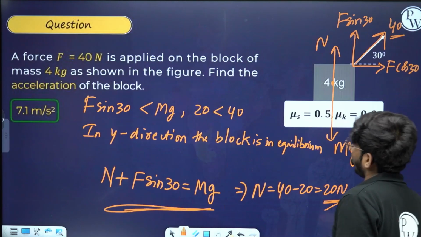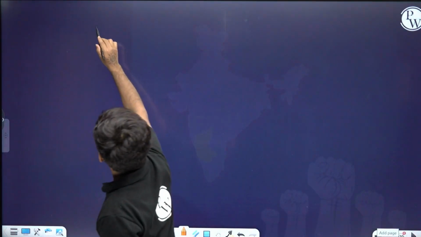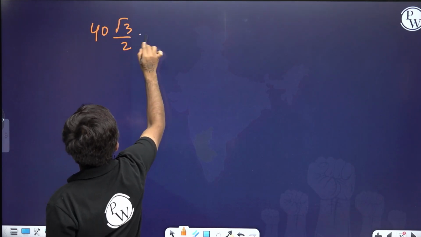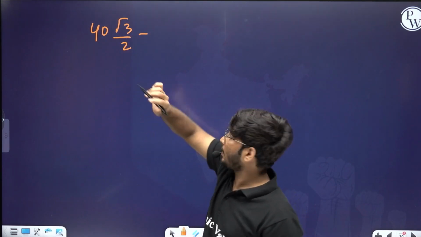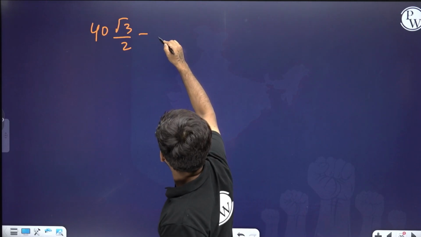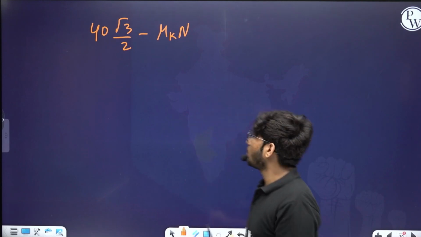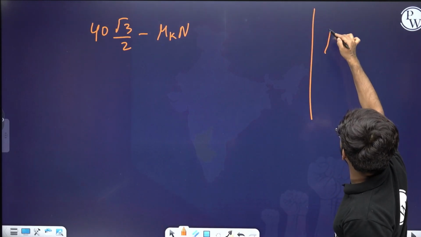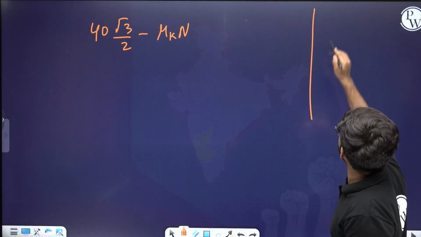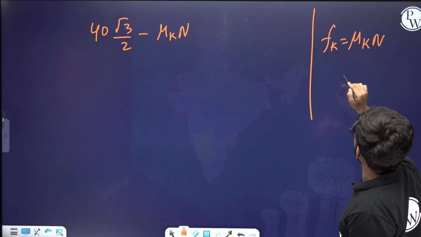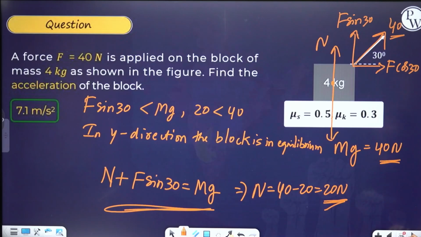So F cos theta is 40 root 3 by 2. What is the Fk value? Fk is mu k into N, correct? Fk is mu k into N. See, observe the diagram. What is mu k?